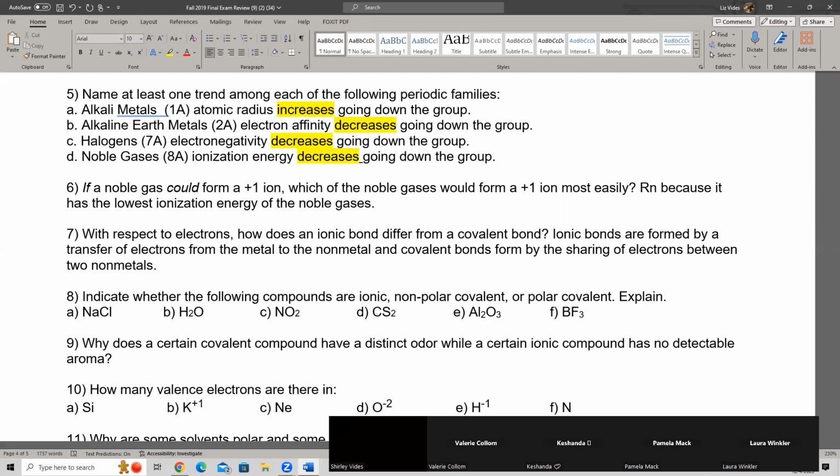Okay. All right. Ionic, nonpolar covalent, or polar covalent. You notice that description above kind of told you which one's which. So we're going to highlight ionic in yellow, non-polar covalent in green, and polar covalent we're going to do blue.